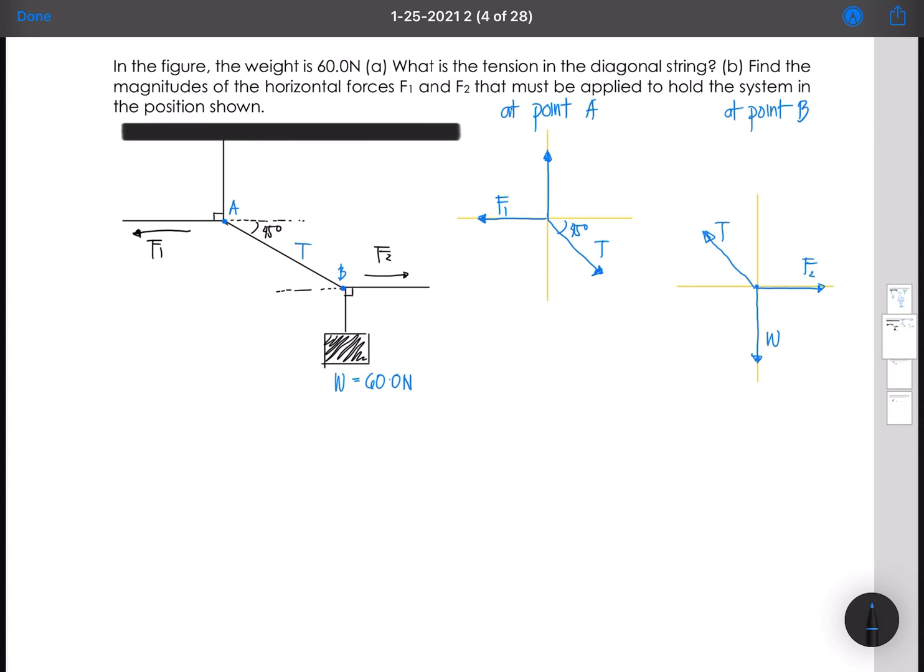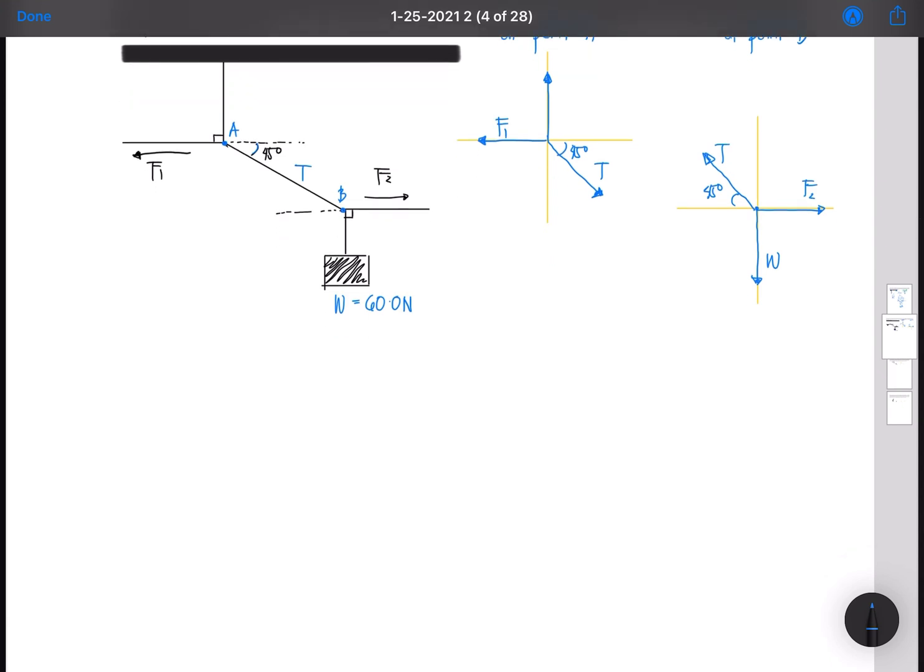Considering point B, the direction is now opposite to the direction from point A. This time, tension is directed towards northwest. There are also 3 forces acting on that object. If this is 45 degrees, we could safely assume that this is also 45 degrees. That is the free body diagram of the illustration.